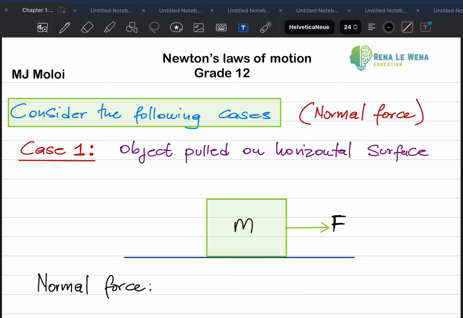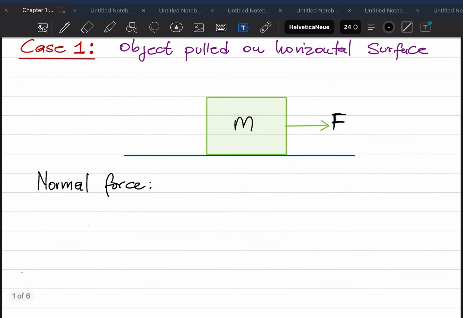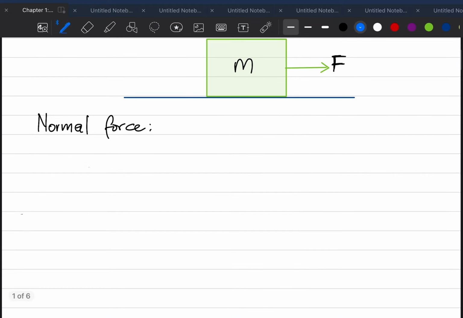Let us draw what we call a free body diagram first. All right, so we're going to start with our free body diagram. I'm going to represent the block with a dot. Then I will call this my normal force.